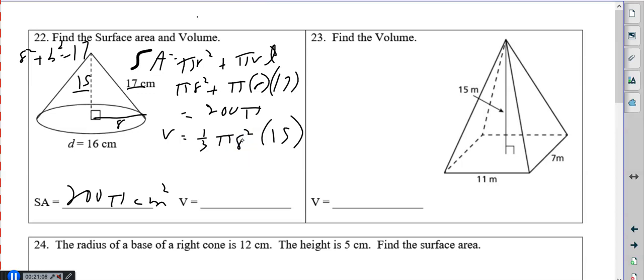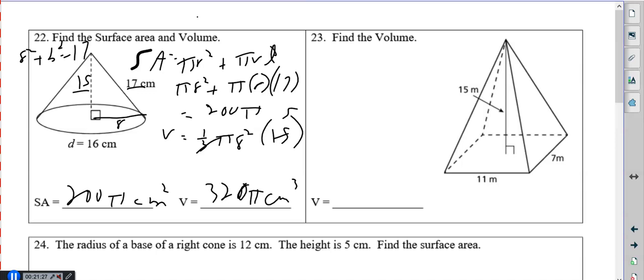So basically it's 8 squared times 15 divided by 3, or 3 goes into 15 5 times, so it's 5 times 64, which is 320 pi centimeters cubed.